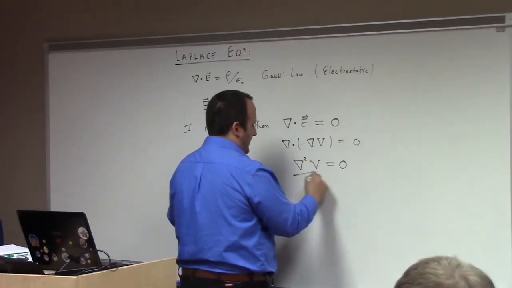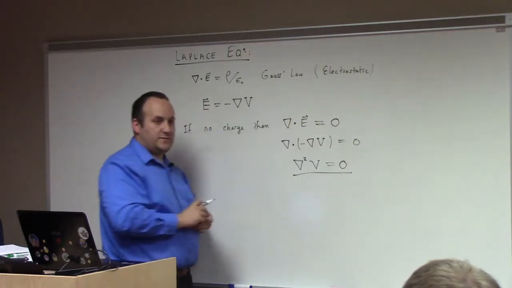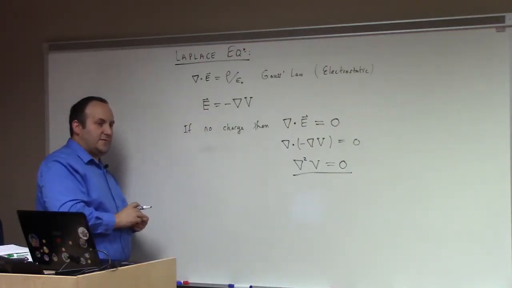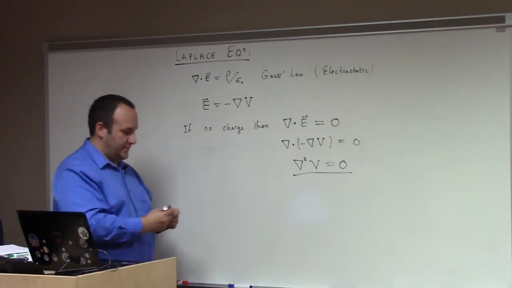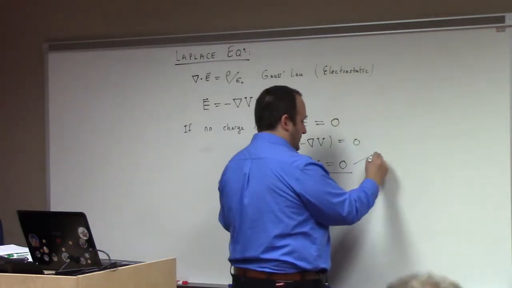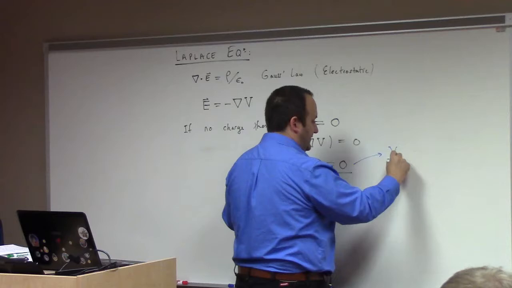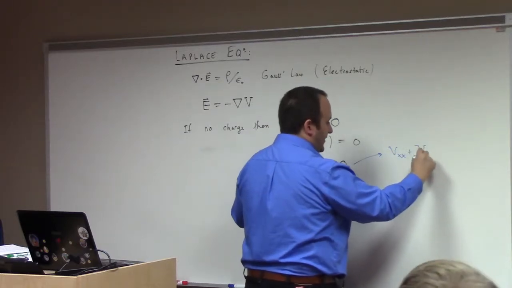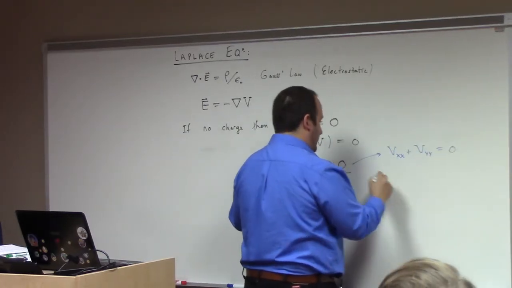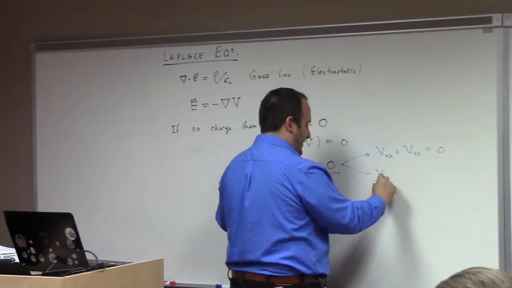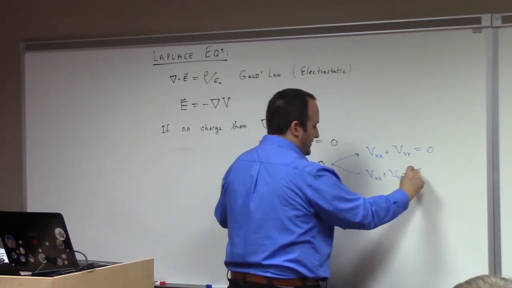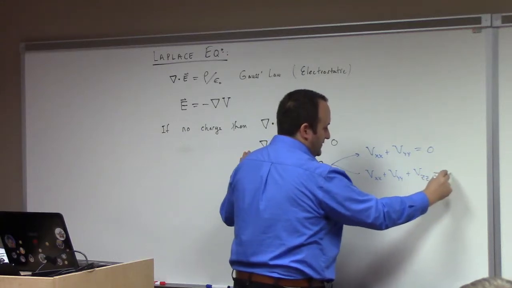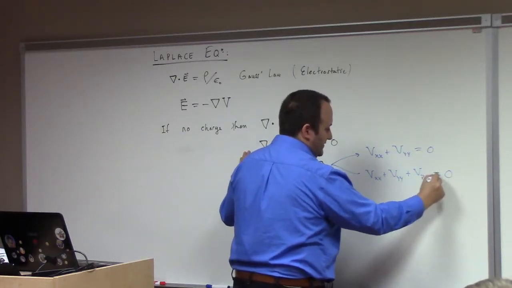Now, some people put a sign on the Laplacian, but this is Laplace's equation. The Laplacian, in Cartesian coordinates, is V xx plus V yy equals 0, or in 3 dimensions, V xx plus V yy plus V zz equals 0. These are Laplace's equation.